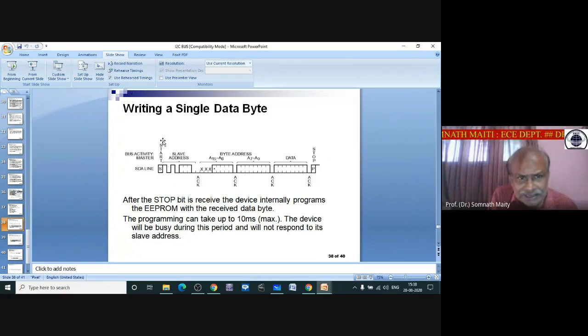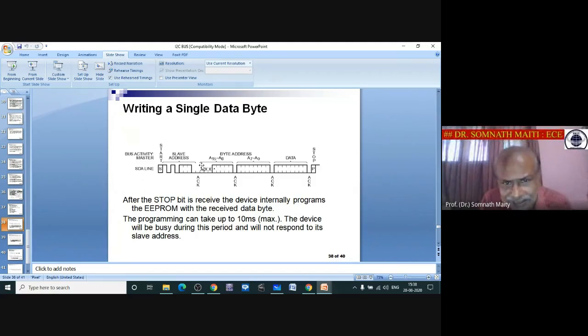This is an example of writing: start, then slave address 10101110. So 1, 2, 3, 4, 5, 6, 7, then 0.